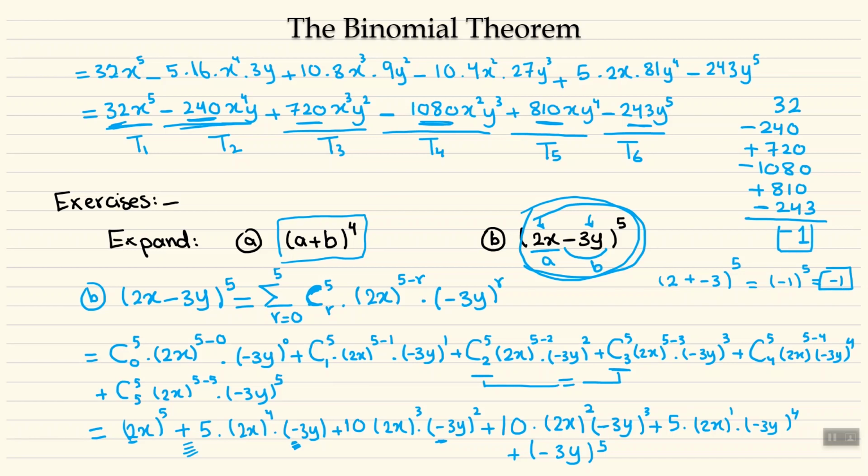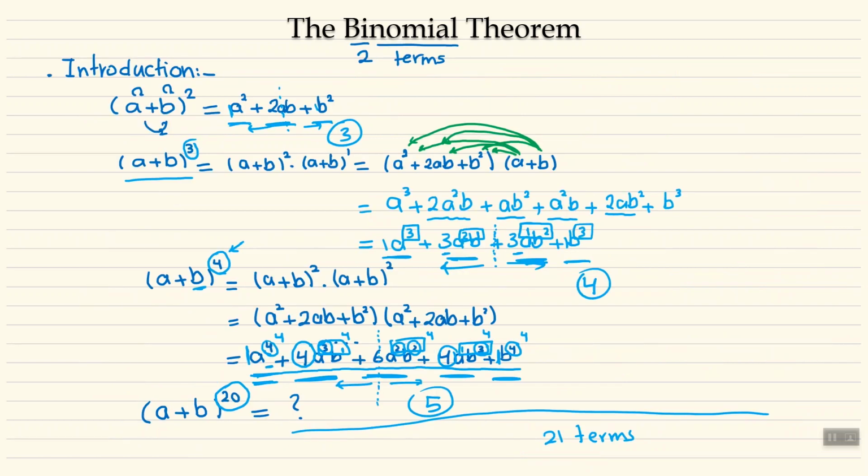This is true for all binomials. Let's see another one. Maybe this one, I hope it's still clear. The coefficients here are 1 and 4, positive, and 6, and 4, and 1. So if you add them, you'll get 16. Let's check it from here.